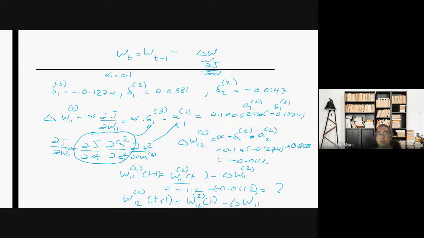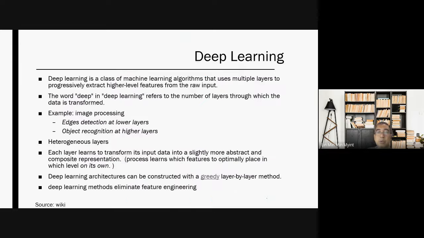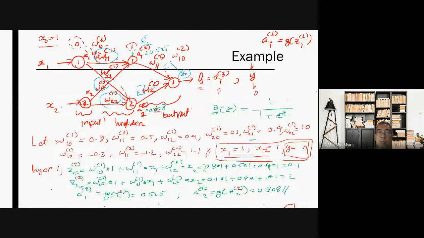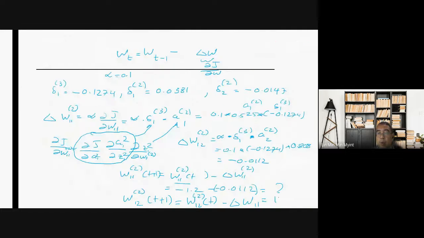So this will be equal to current W12, which is here, 1.1, minus delta W12. Delta W12 is here.